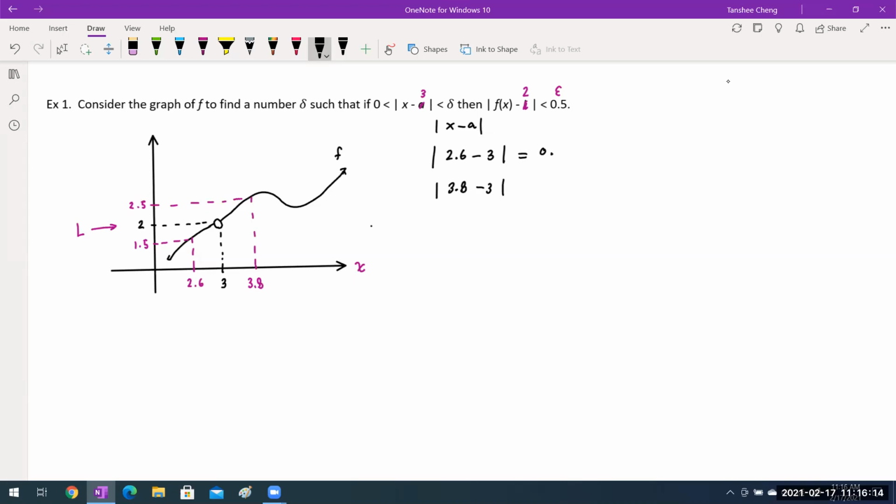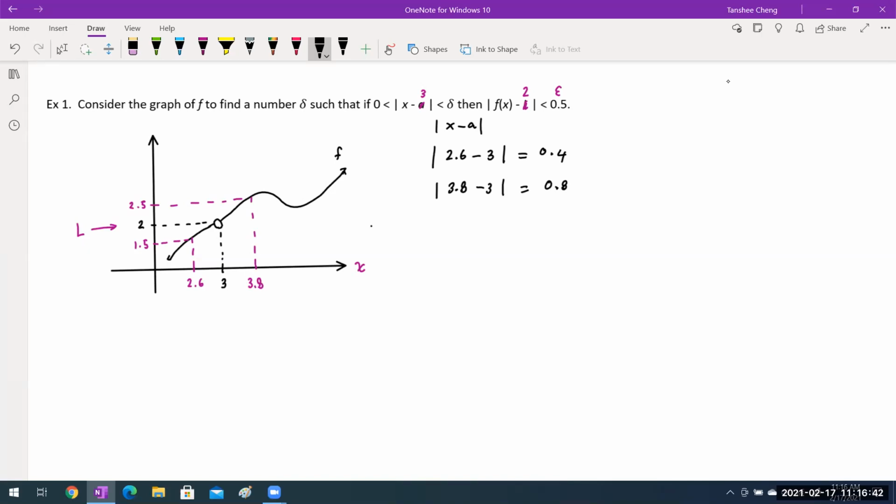Oh, that should be 0.8. So as you can see, even though my epsilon values are the same, because of the function, we don't know what the function is, but because of the function's situation, the delta may not be the same, right?